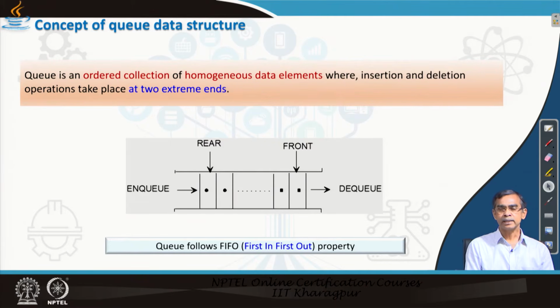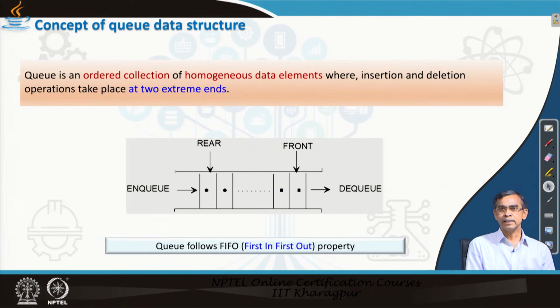Now, the removal operation is called the dequeue operation, and similarly inserting an item into the queue is called the enqueue operation. These two names are given instead of pop and push. Pop and push are the marked operations for stack. They are not usually used for deletion and insertion in case of queue or other structures, so customarily different names are used to distinguish that these operations are standard operations for a particular data structure.